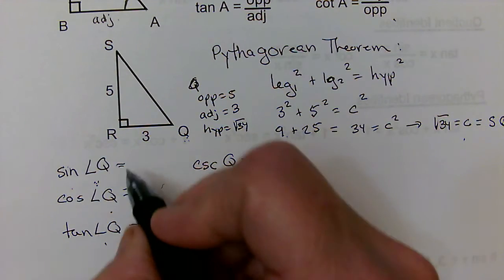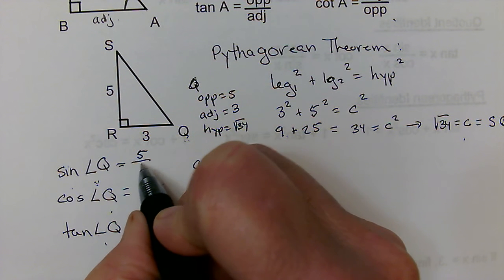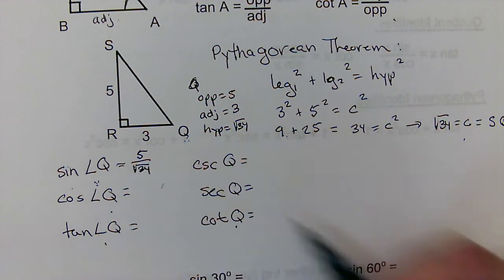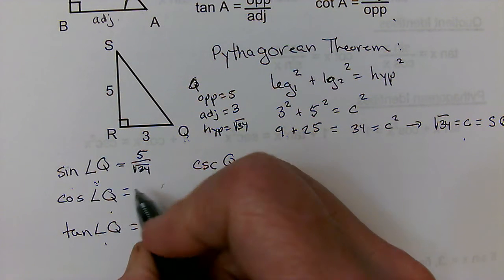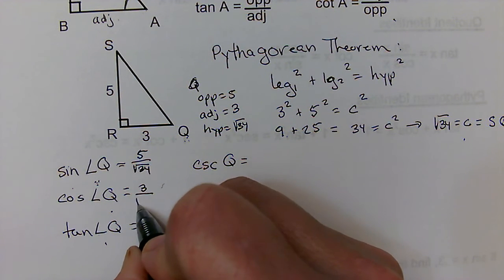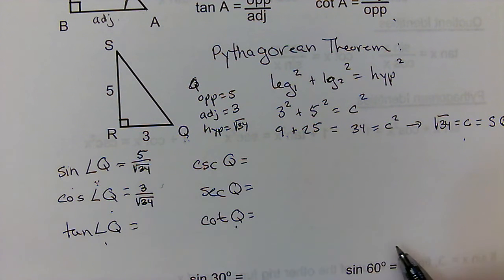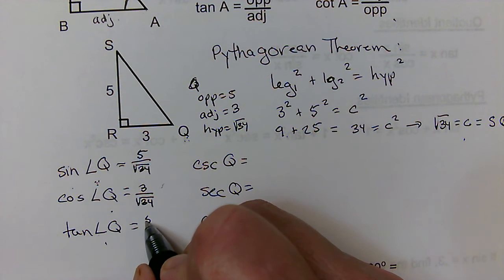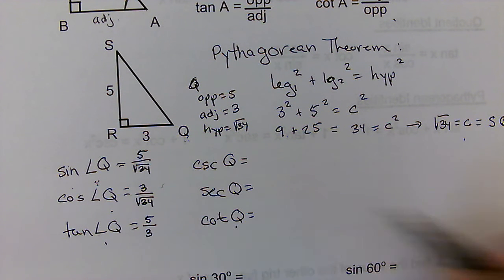So the sine is the opposite over the hypotenuse. The cosine is the adjacent over the hypotenuse, and the tangent is the opposite over the adjacent.